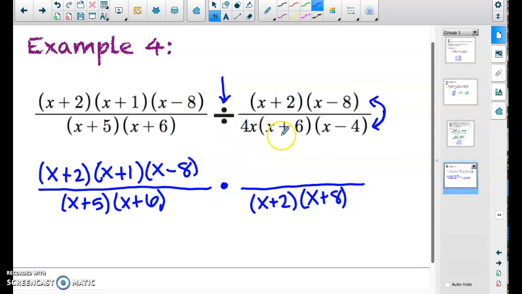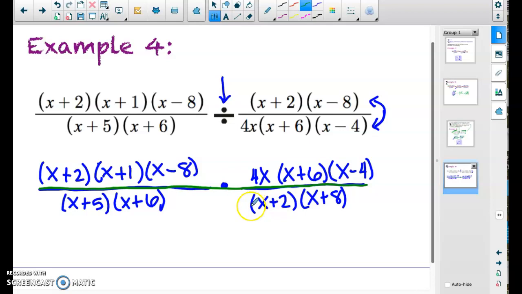And the 4x, the x plus 6, and the x minus 4, they're moving up to the numerator. There we go. So now I get to change this all to one big fraction. Since now it's multiplication, that's the process that we're going to do. We just multiply by the reciprocal and then simplify.